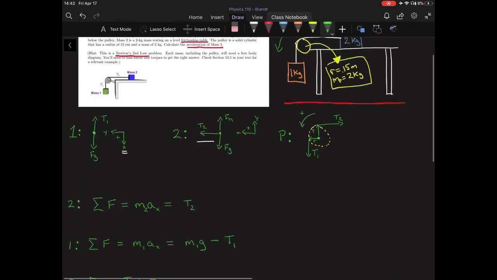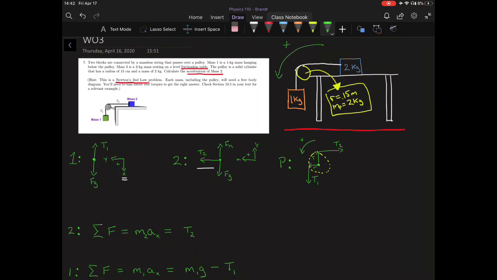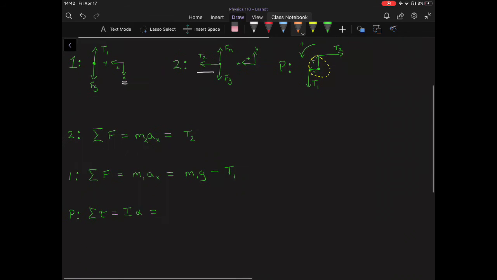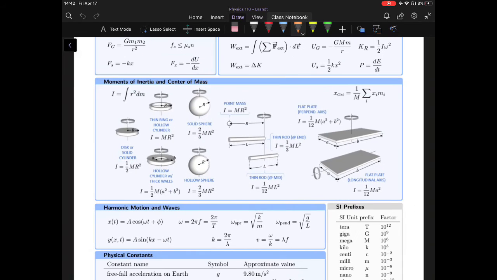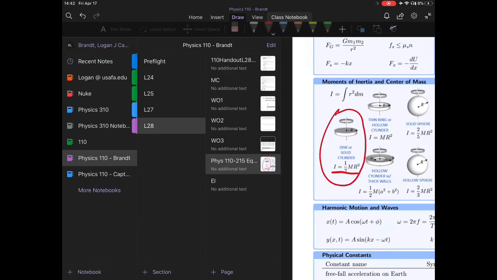Well, in this case, if we go up and take a look in our problem here, we know it's a solid cylinder that they tell us in the problem. So we're going to have to go to our equation sheet and look up what I is for a solid cylinder, and we should see that for a disk or a solid cylinder, I equals 1/2 mr squared.